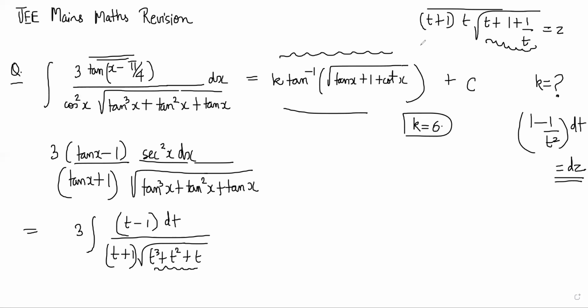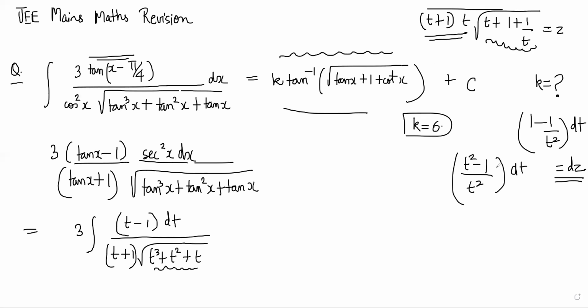So I need a t square minus 1 by t square term, dt, right?